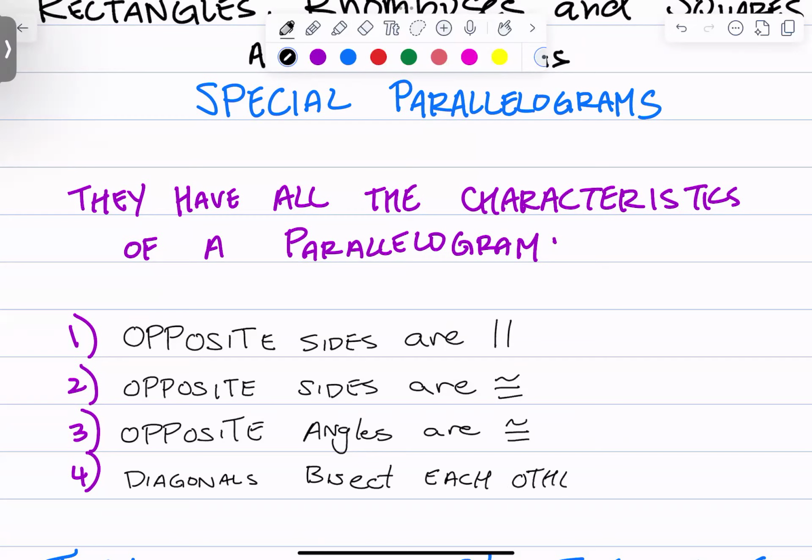Right? So we talked about this on our last lesson, about these four characteristics.